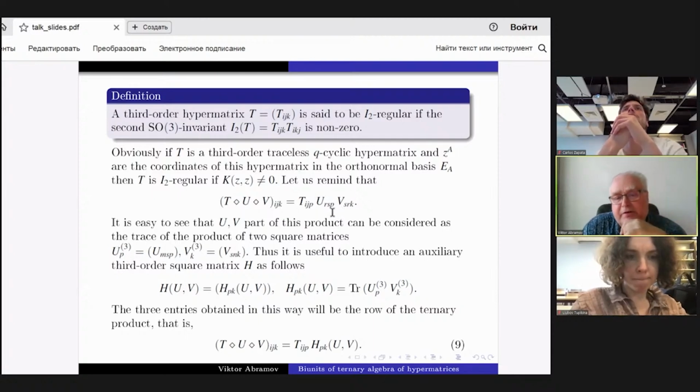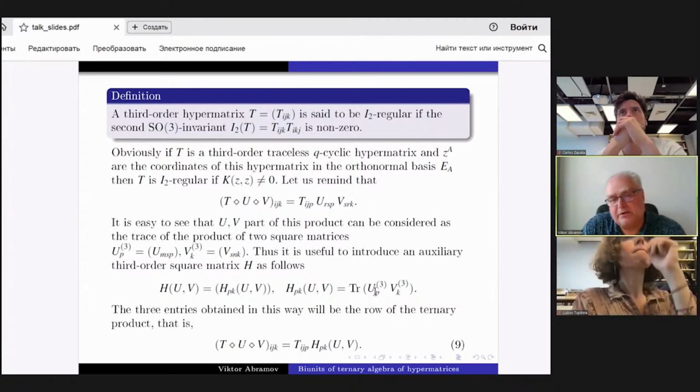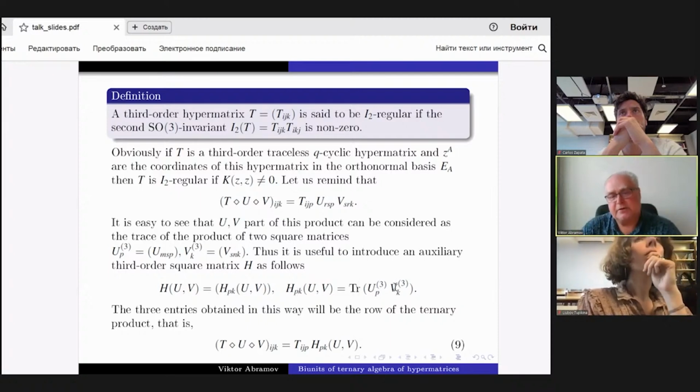Then you can see that I multiply these matrices and take the trace. So now the triple product can be written if I introduce an auxiliary third square matrix H. It's introduced like this. So I multiply these square matrices, and then take a trace.